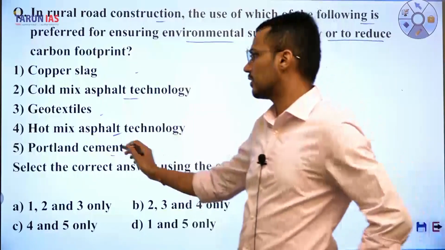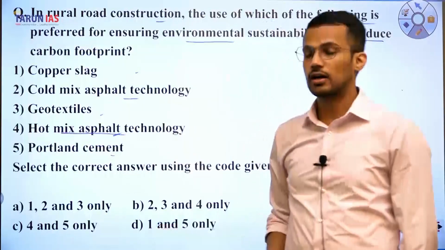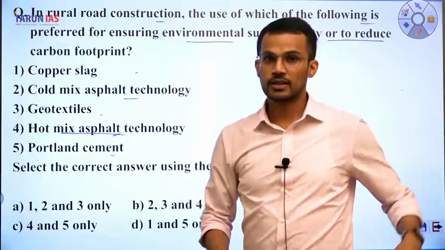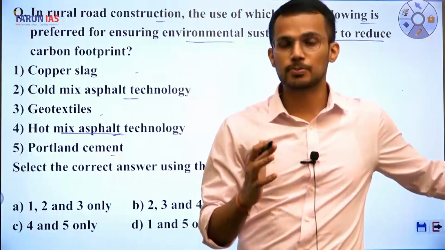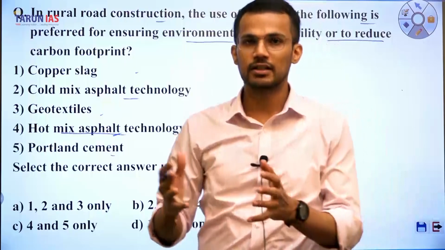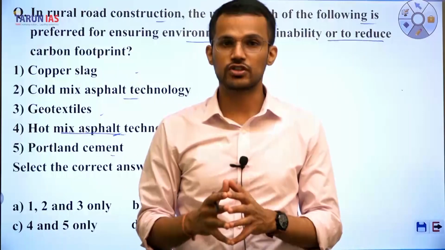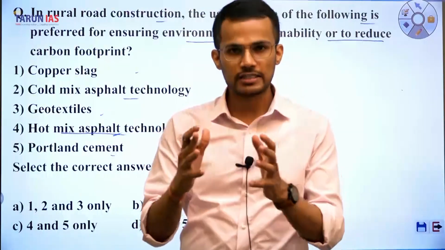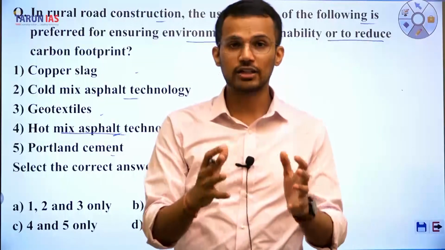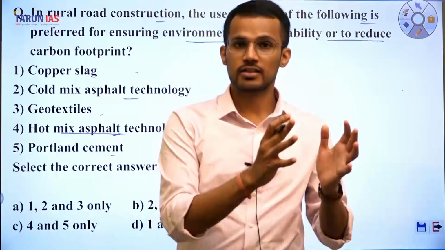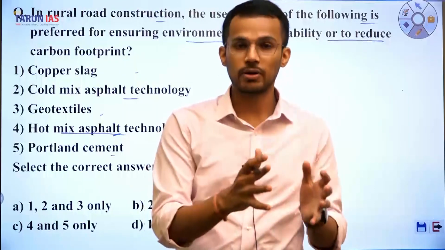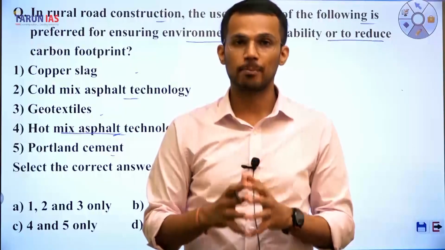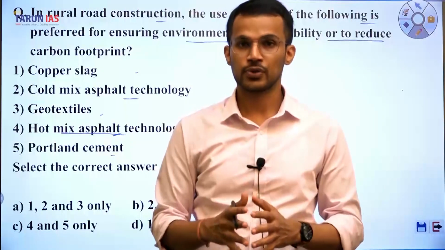When we consider hot mix asphalt technology, the asphalt used for road construction is a liquid, and that liquid binds together sand or other raw material used for road embankments or road constructions, right?